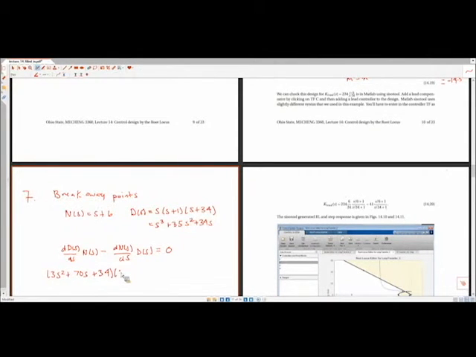N of s is s plus 6. And then we have minus the derivative of n of s with respect to s, so this is just 1 with this derivative. S cubed plus 35s squared plus 34s, all equal to 0.